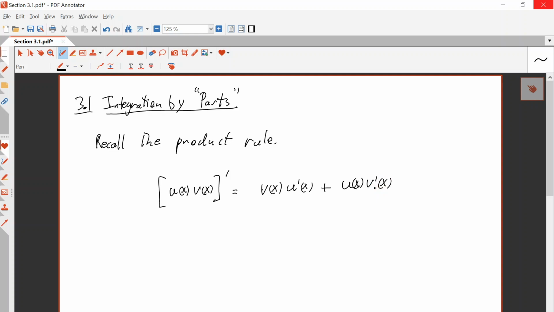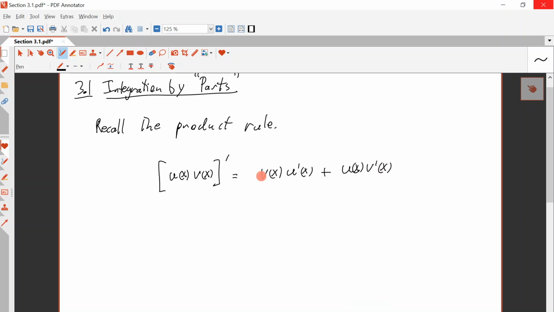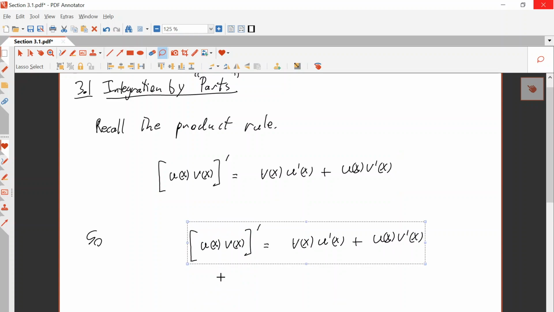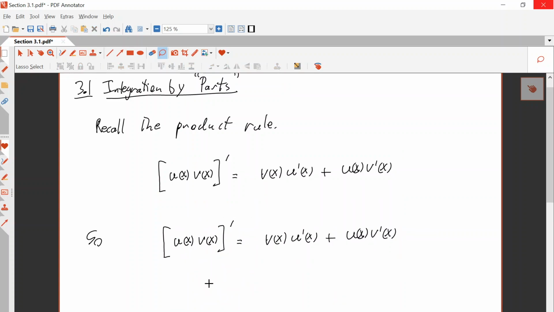All right. So now let's take the antiderivative of both sides. So if I take the same equation that I have here, just the product rule, and I just apply the antiderivative operator to each side, like that.